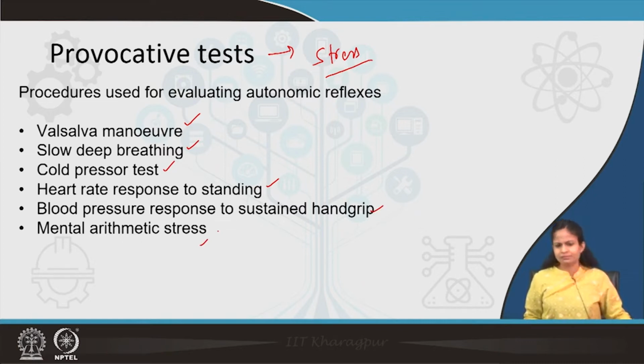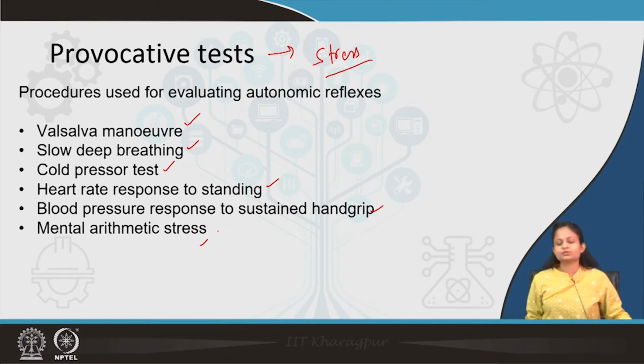These are simple basic non-invasive tests, and before moving on to each test, it is always advisable to perform the tests as a group. That means by assessing with only one test, suppose the Valsalva maneuver or cold pressor test or sustained hand grip, we can't draw any conclusion about the autonomic functions in any person, because the autonomic nervous system deals with several pathways.